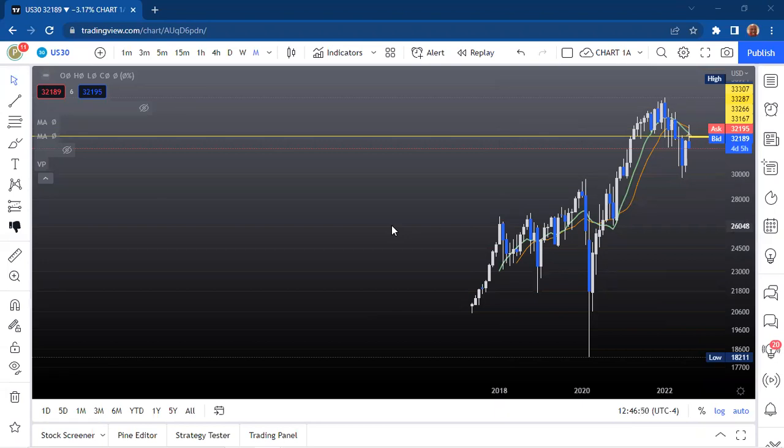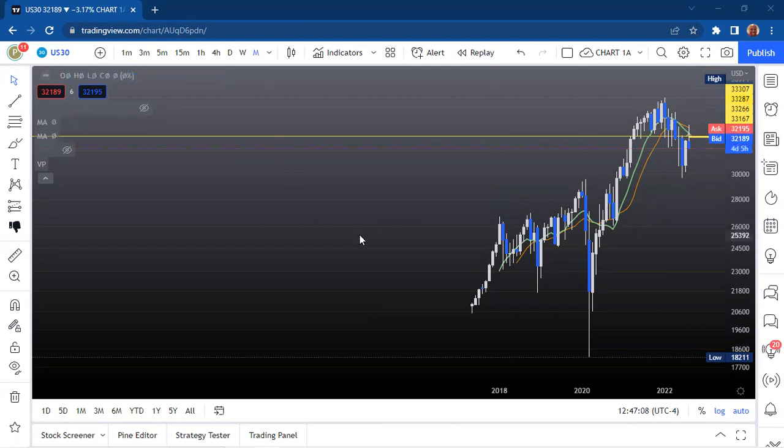Okay, so this is US 30. Since we've been trading the US 30, I think I could share with you guys the strategy on US 30, but you could pretty much find this strategy on any pair that you trade with. And this is the monthly.